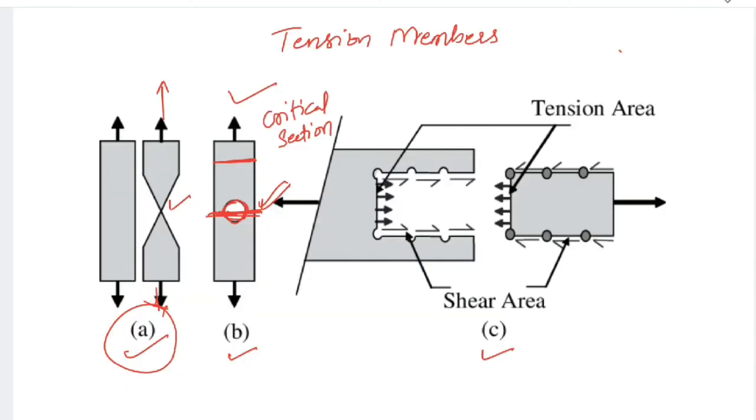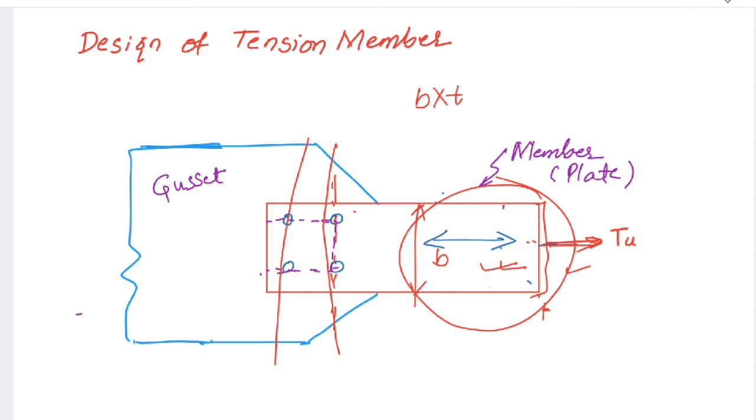Whereas the third type is block shear. That means if it is a plate member, for example, connected to some gusset plate, here you can see in the figure. Here, this is a gusset plate and this is the member, that is, an MS flat connected to a gusset plate.